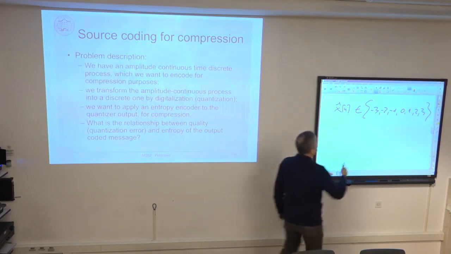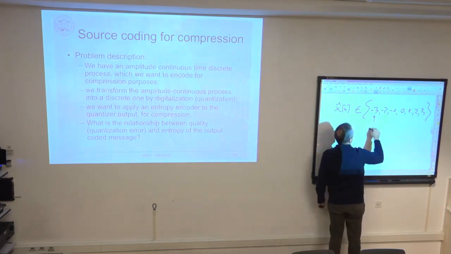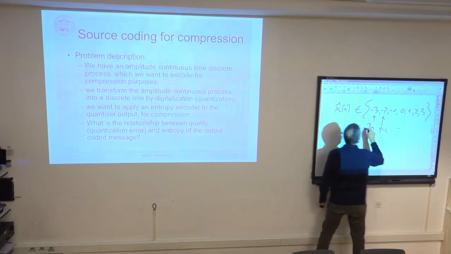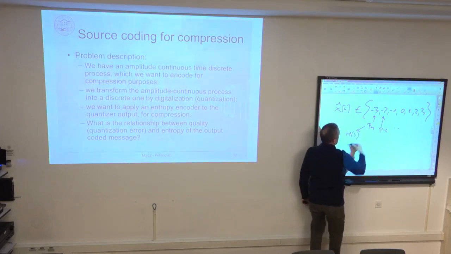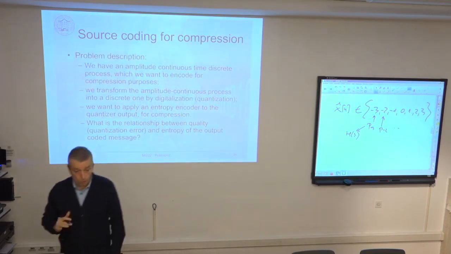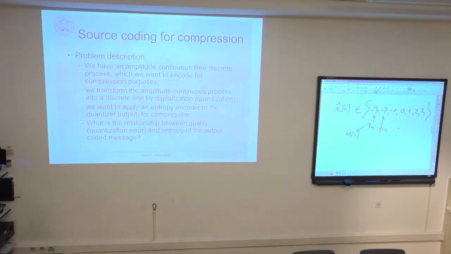And then if I know the probability of -3, probability of -2, and so on, I can easily compute the entropy H of S of this source that enters the entropy coder. If I know the entropy, I can construct the entropy codes to approach this value with the average bit rate. And this suboptimality would be either 1 bit per symbol if I use the Huffman tree coding, or 1 bit per message if I use the arithmetic coding.